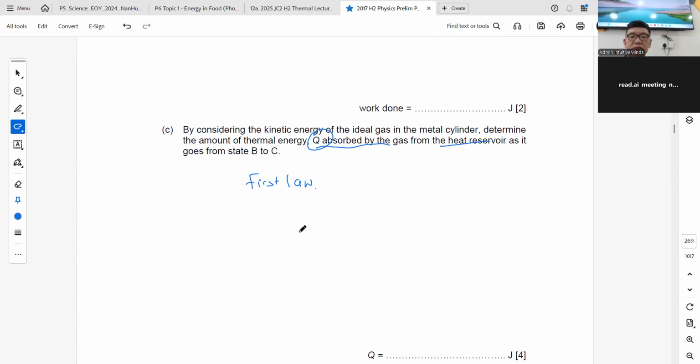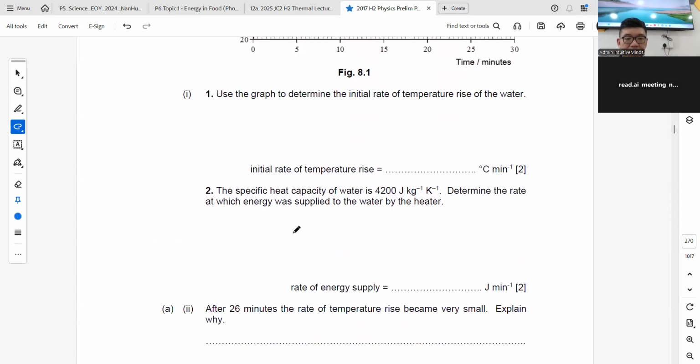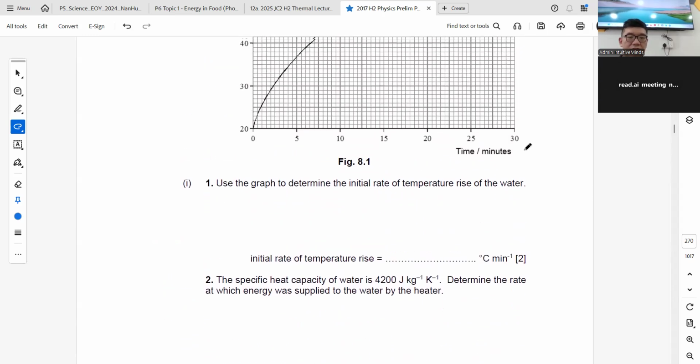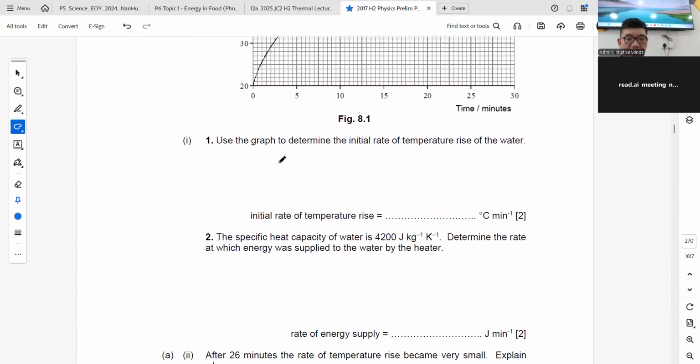Okay. So think about it. So this will fall under the recent topic that we did just now.